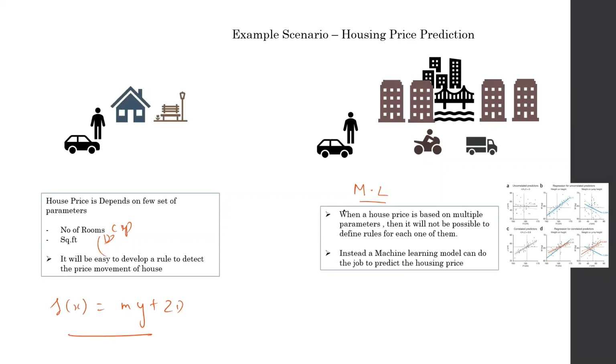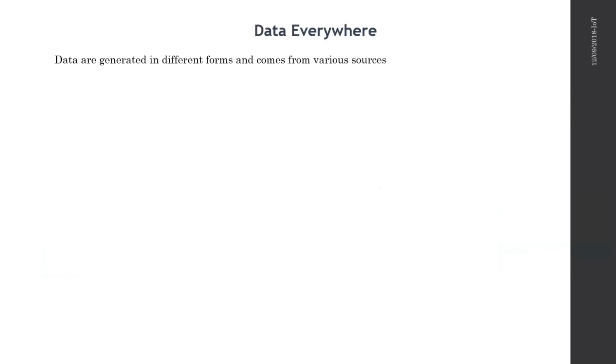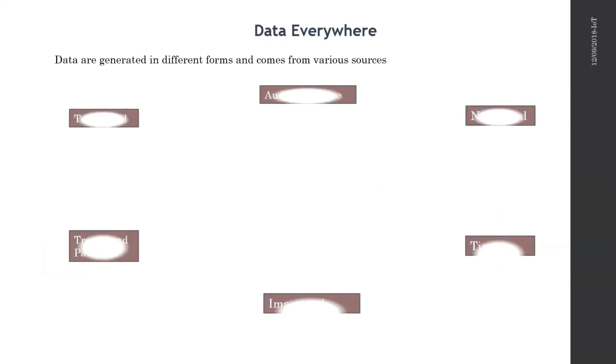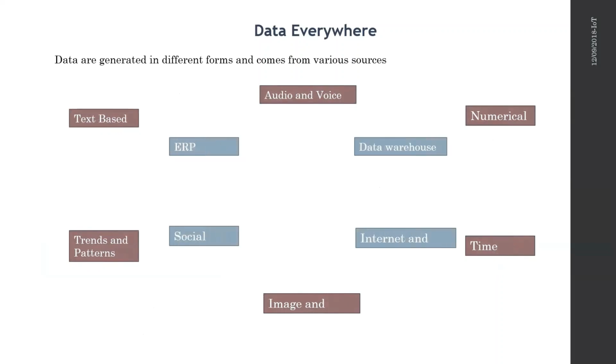This is a simple example, and there are a lot of examples where machine learning outperforms any type of rule-based engine. As I said before, in addition to the volumes of data, we have different forms of data. The variety of data has increased. Earlier, we might be working on numerical and categorical data.